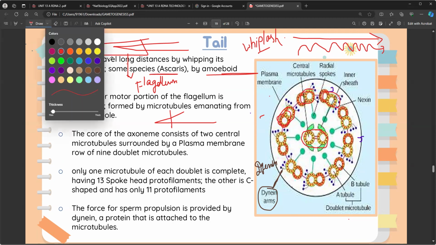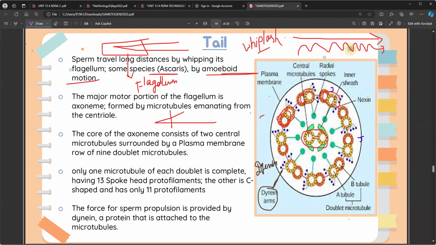Now, the question is super clear: how are all these doublets connected with each other? That's an important point here. So one doublet can be connected with the other. Even the central microtubules are also associated with each other by a specific protein, which we call nexin protein. Don't get confused with that point.